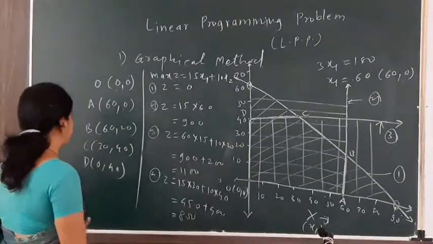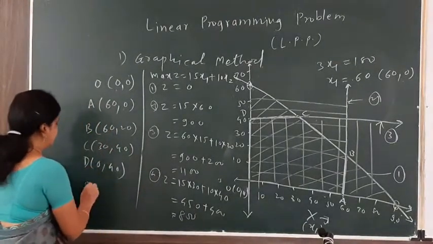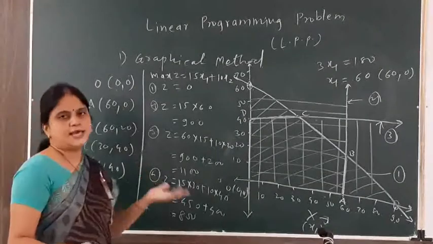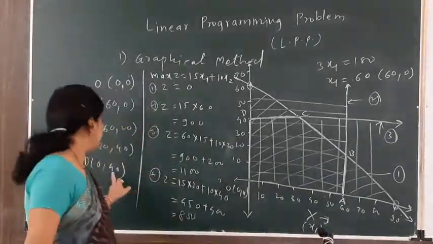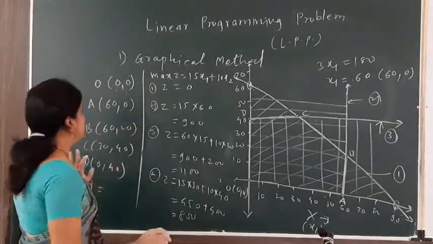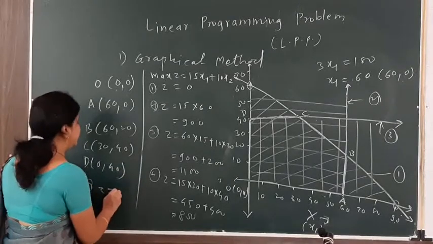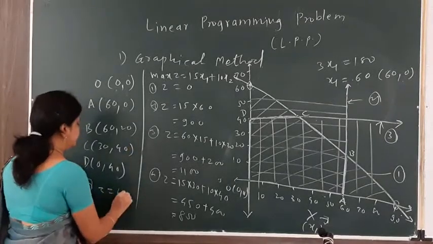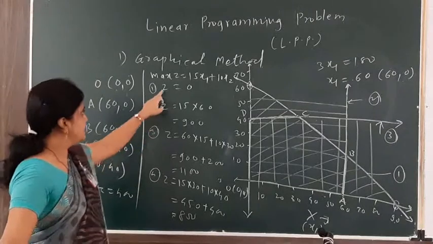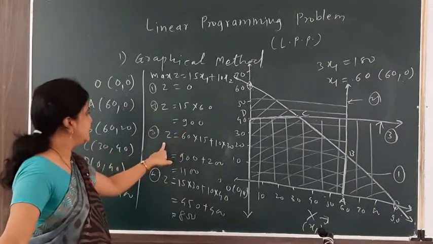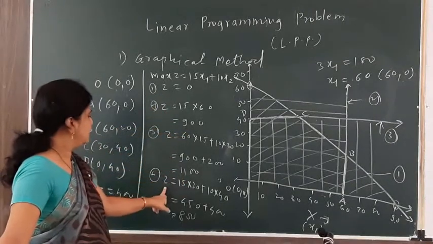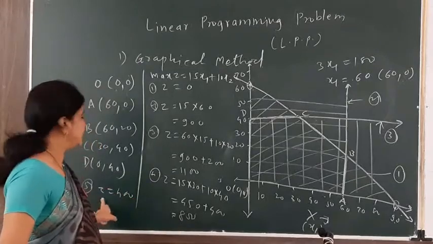And what about the fifth? In the fifth point, I need to put x1 as 0 and x2 as 40. So the Z is 400. So I get the values of Z as 0, 900, 1100, 850 and 400.